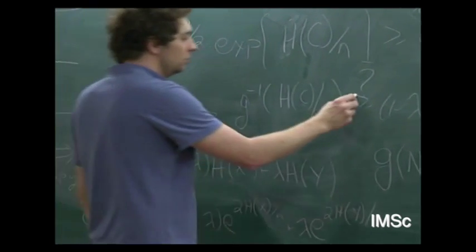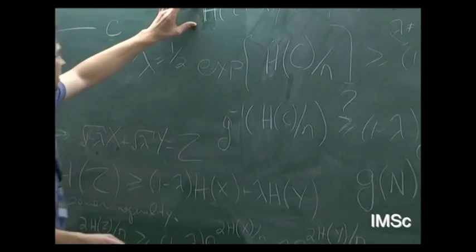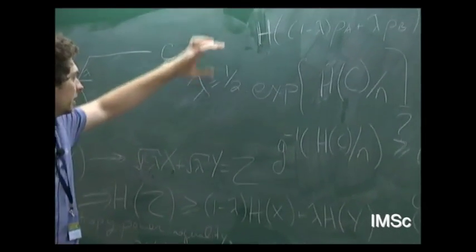Okay, so this would be really cool. We don't know how to prove it. This I know how to prove for lambda arbitrary. This only for lambda equal to a half. The methods here are reasonably complicated, and the annoying thing to me is that I know this is true, which means I know this is true for Gaussian states, right?